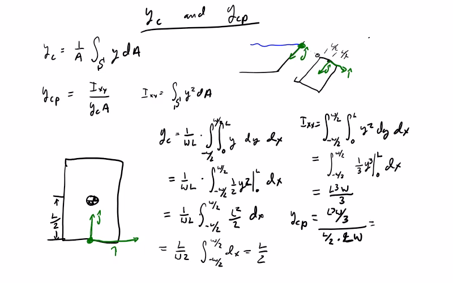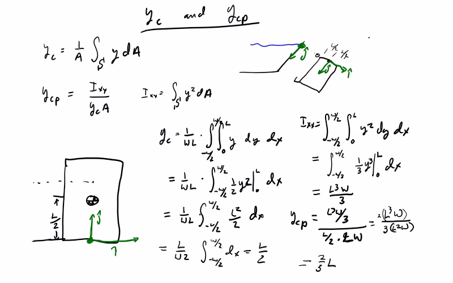This equals L cubed w over 3, and then we have 2 up there, and L squared w down here, which means that this equals 2/3 L, which is slightly deeper.